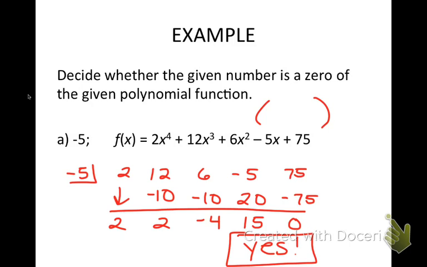Work backwards. Go back to chapter 7 or 6. If my solutions were negative 5 and 3, what were my factors? This would be an x plus 5. This would be an x minus 3, right? We think backwards. So if negative 5 was one of my zeros, then one of my parentheses was going to be x plus 5, right?